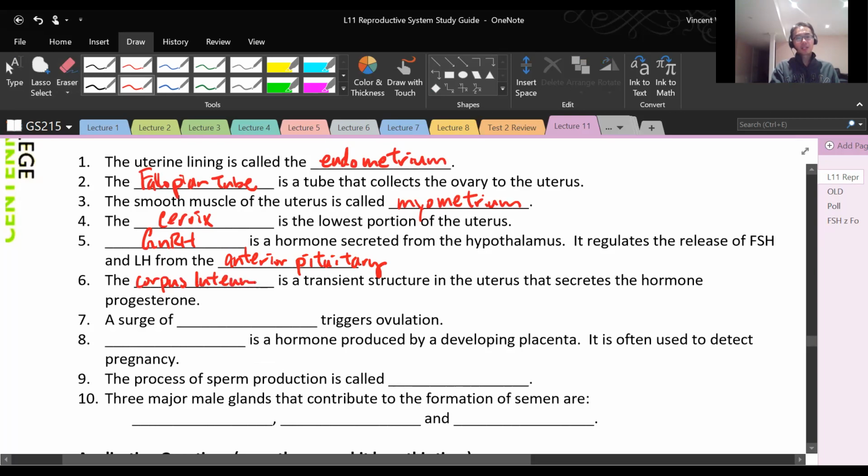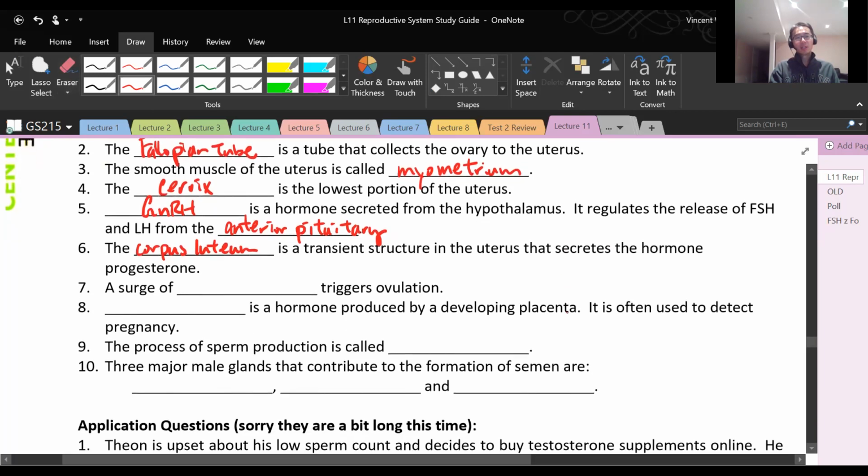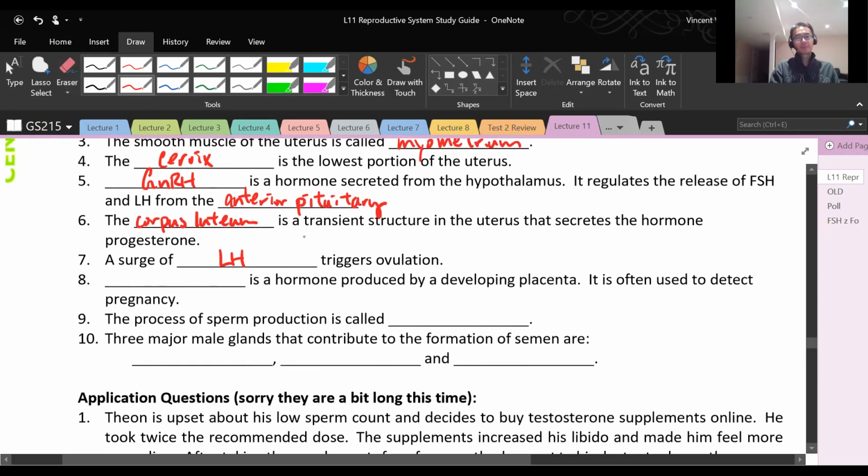The corpus luteum is a transient structure in the uterus that secretes the hormone progesterone. A surge of LH triggers ovulation. Something is a hormone produced by the developing placenta. That's the HCG.